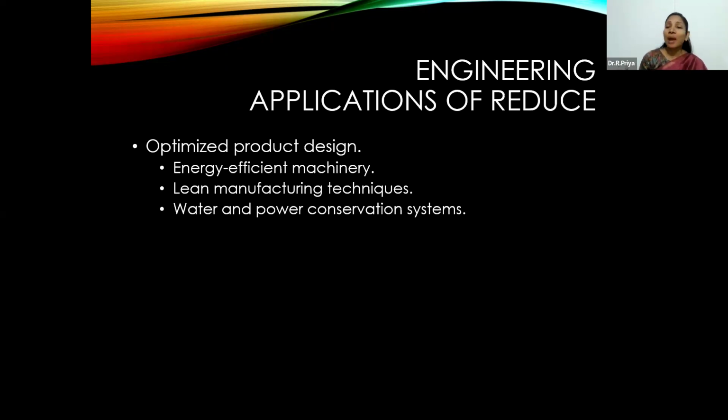Then third, lean manufacturing techniques. It supports the reduce principle by eliminating the waste in production processes. So lean manufacturing focuses on reducing the excess inventory, avoiding defects, minimizing over production, reducing the waste time as well as improving the workflow also.